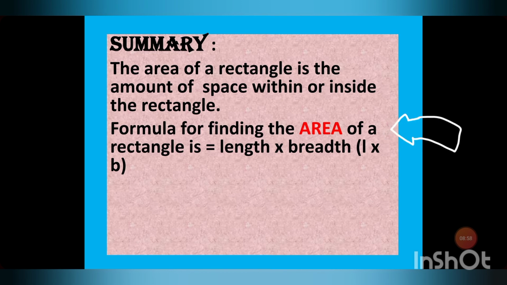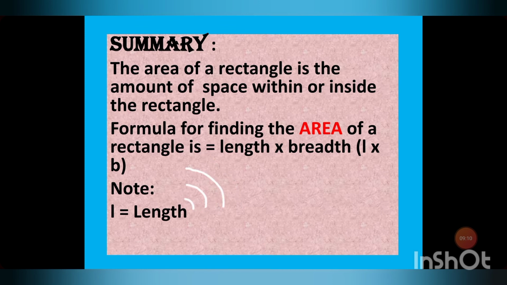And when shortened, it is written as L times B. Simple, right? Please note that L means length and B means breadth. I'm sure this covers what we have learned today, and I hope the lesson is crystal clear.